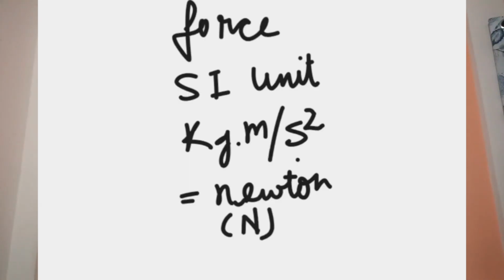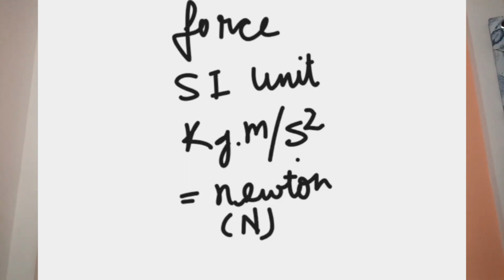Now what is the unit of force? Simply, if we want to calculate force, there is one formula known as F equal to M multiplied by A. So it is the product of mass and acceleration. If we want to take out the unit of force, it is very simple.